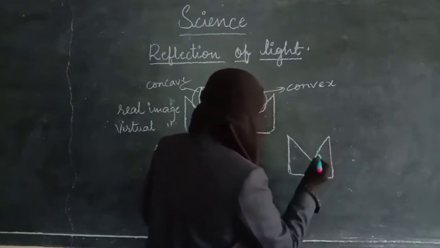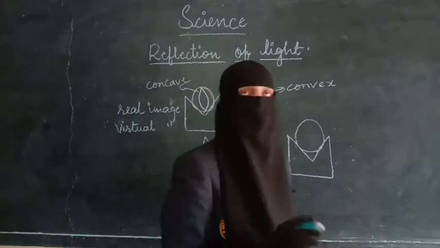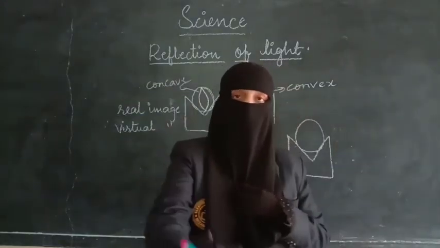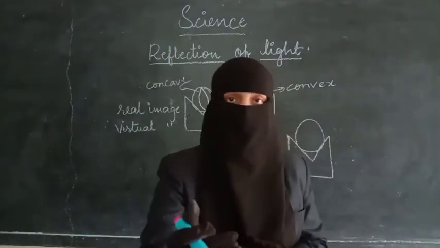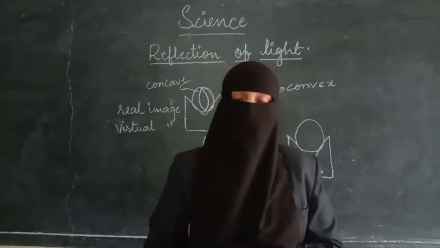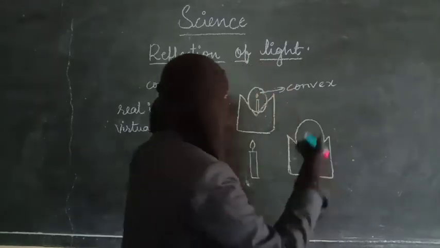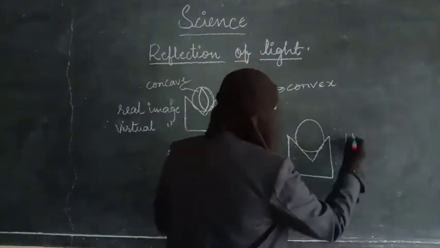So first the V stand and concave mirror, and make the room dark. On the table put this V stand with the concave mirror, and put one candle, the object. You can take a lighted candle, and in front of the candle, above the candle, you have to put a screen.